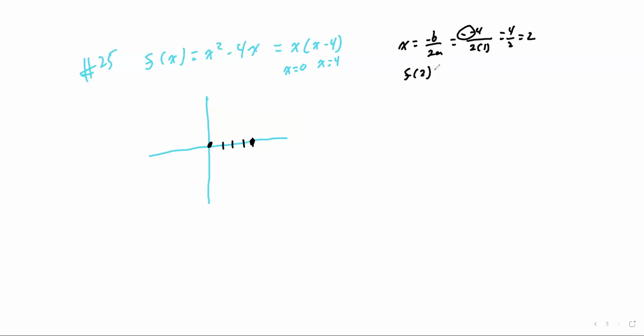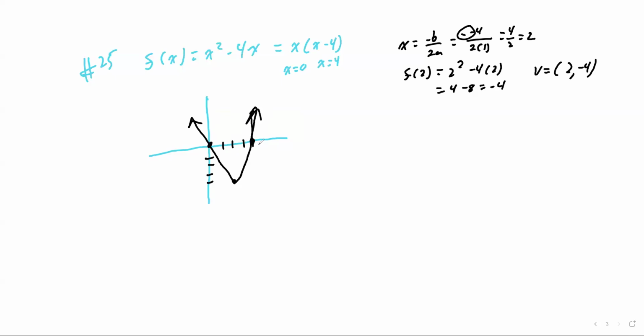So f of 2 would be 2 squared minus 4 times 2, which gives you 4 minus 8, which gives you negative 4. So my vertex, sorry, vertex, would be (2, -4). So I'm going to go 1, 2, 1, 2, 3, 4. And so then I can do this. This is a lot easier than trying to put it in vertex form, in my opinion.